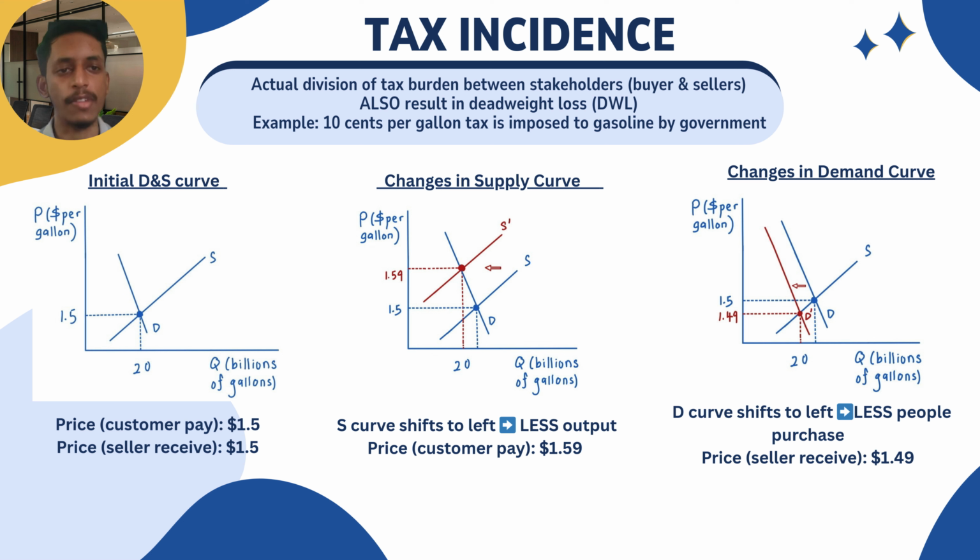The price customers pay effectively becomes $1.59. The price sellers receive is $1.49. Whether the tax shifts the supply curve or the demand curve, the market outcome is identical. The quantity falls, the buyers pay more, and the sellers receive less.